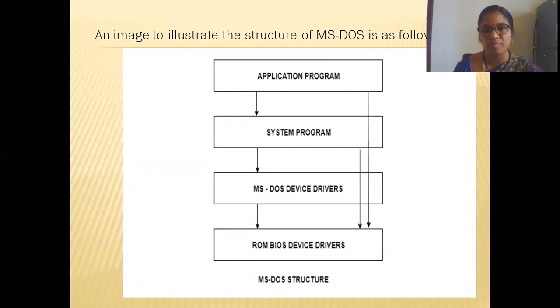Here you can see an application program, system program, MS-DOS device drivers, ROM BIOS device drivers. BIOS is nothing but input output. You can see here, everything is interconnected. There is no interface between an application program and BIOS device drivers. An application program can directly interact with your input output.